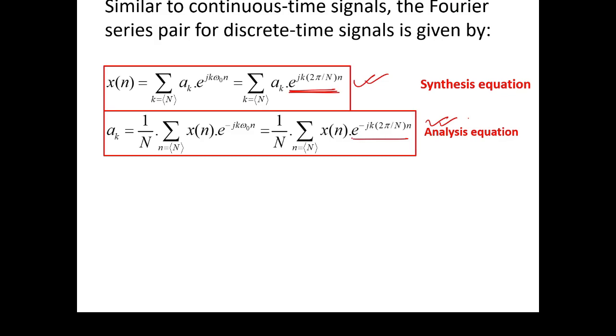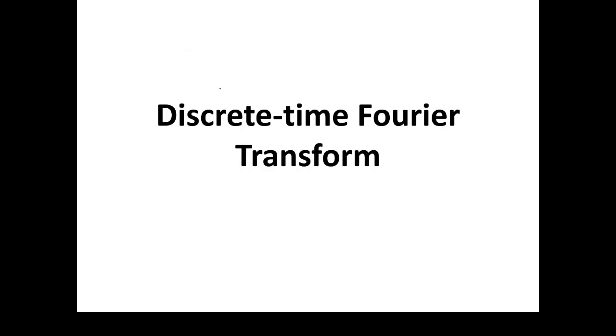These complex exponentials are periodic signals, so any given signal is basically composed of a series of sinusoidal signals of different frequencies, because k omega naught is varying.